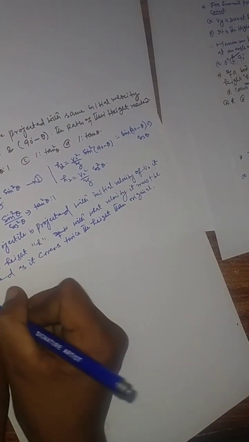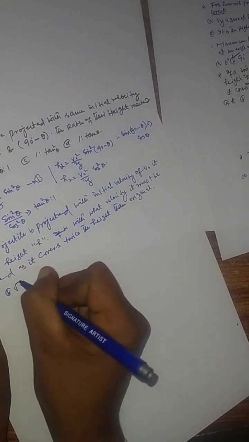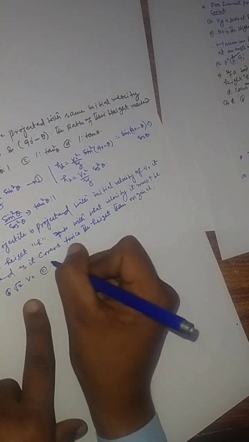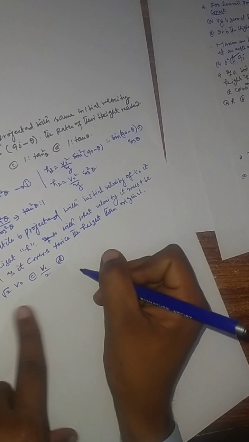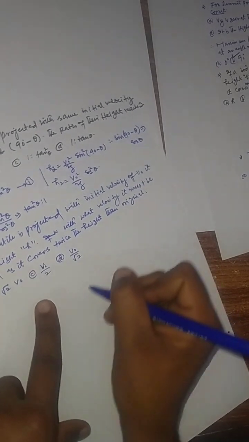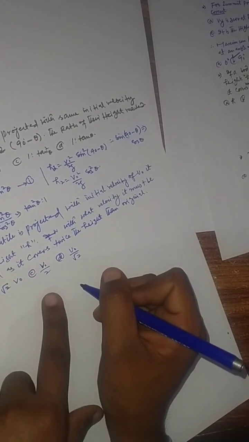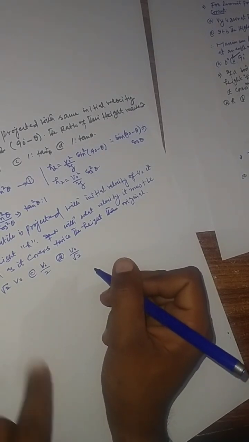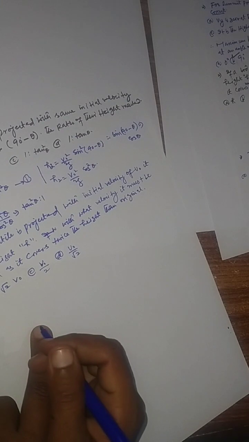Let's say 2v naught, or radical 2 v naught, or we may say v naught over 2, or v naught over 2 under root 2. Okay, so what will be the correct answer?